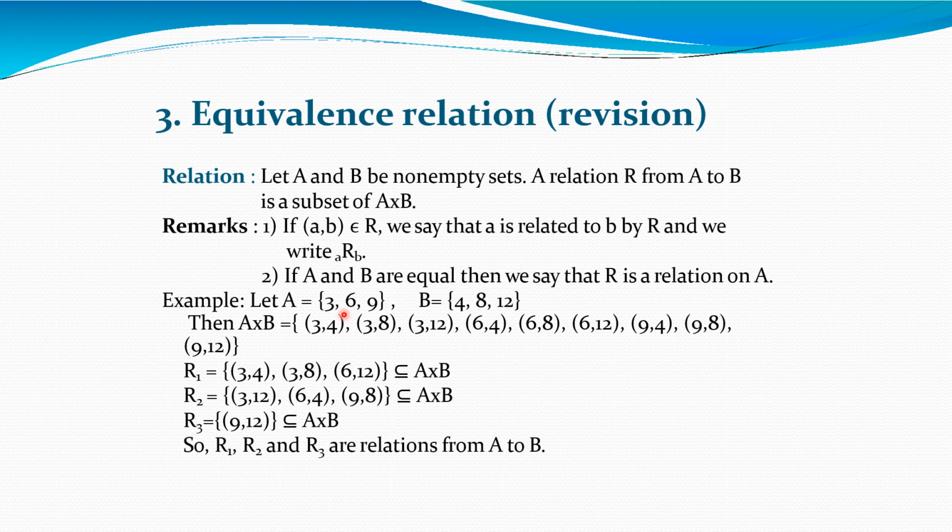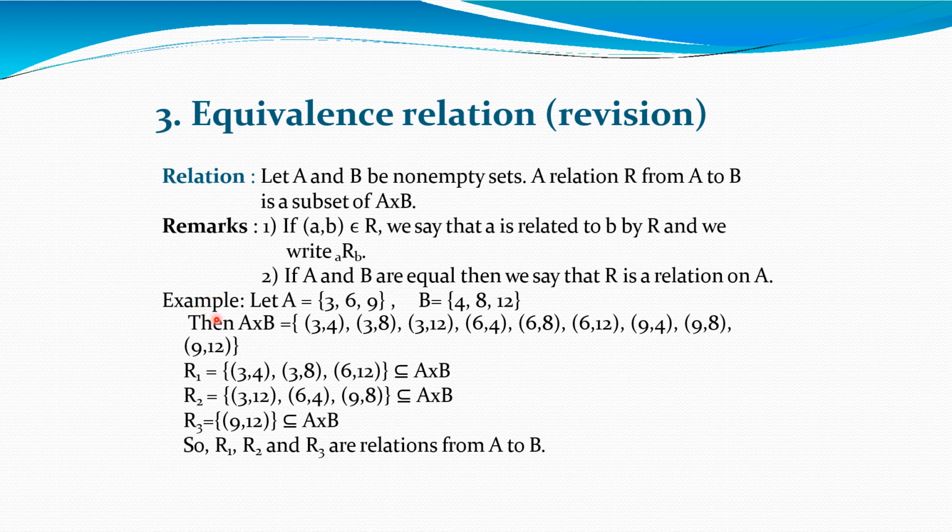Now we vary the second element from B. So form the pairs (3, 4), (3, 8), (3, 12). Now as all the elements of B are finished, change the element of A to 6: (6, 4), (6, 8), (6, 12). Now change the element of A to 9, then (9, 4), (9, 8) and (9, 12).